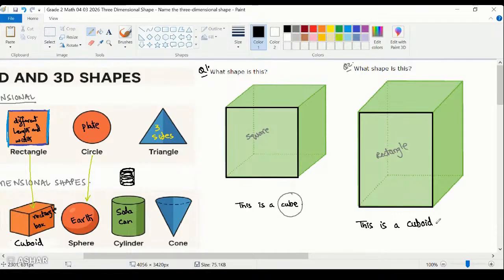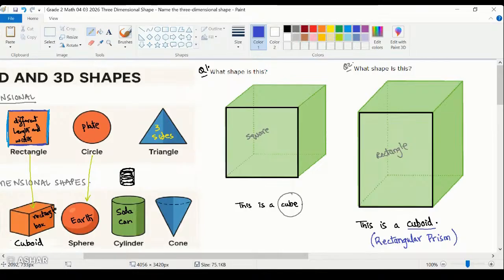Okay. Or a more difficult term, if you don't want to say cuboid, you can also say it is a rectangular prism. Cuboid and rectangular prism are exactly the same.